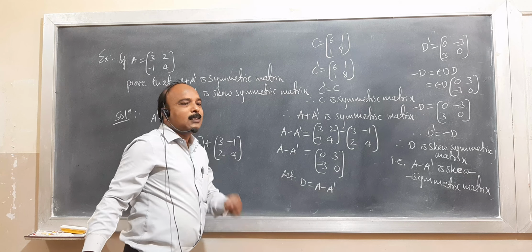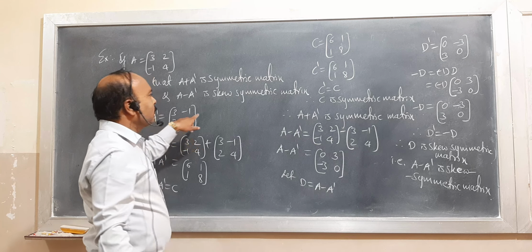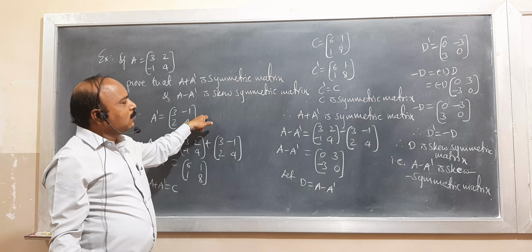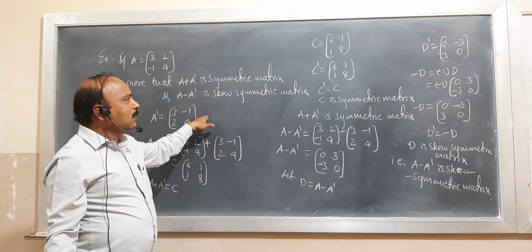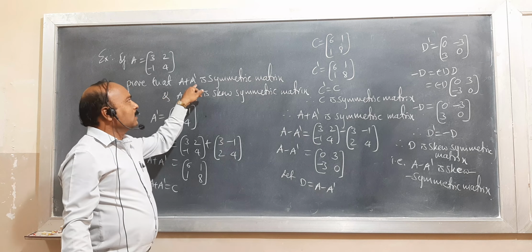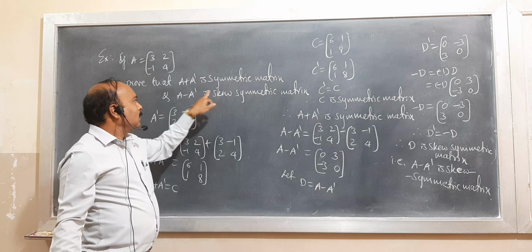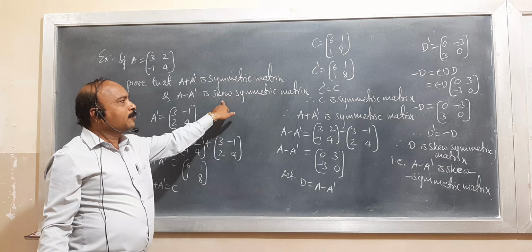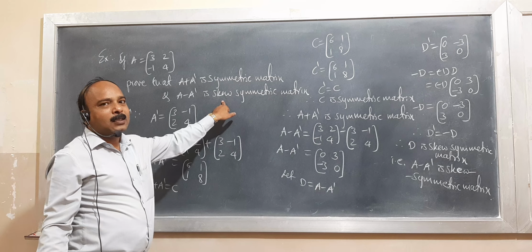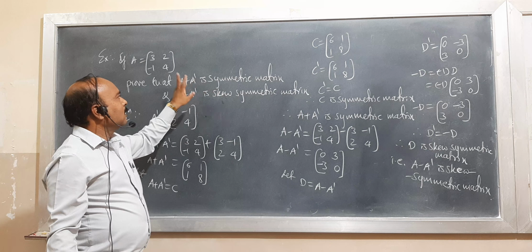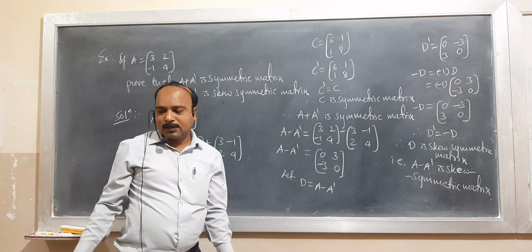If you take any square matrix of second order or third order or any other order, everywhere it satisfies that A plus A dash is a symmetric matrix and A minus A dash is a skew symmetric matrix. It satisfies for all the square matrices with real entries.